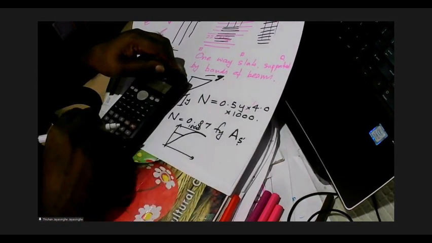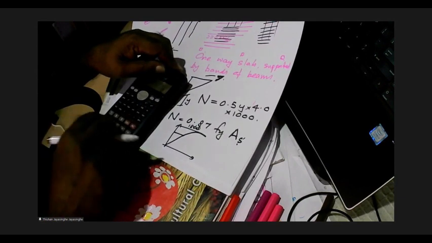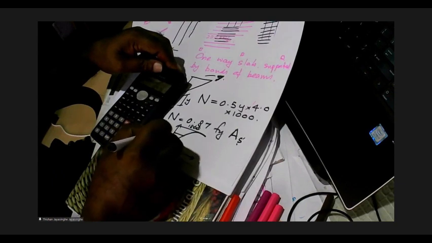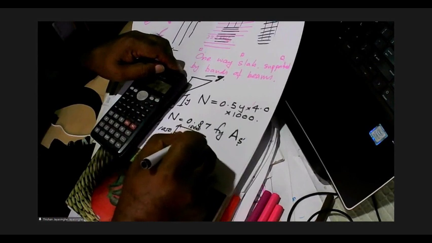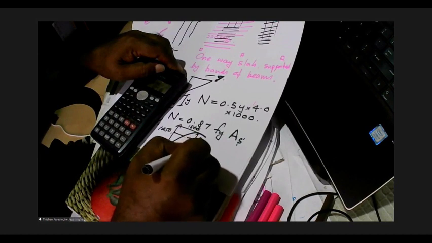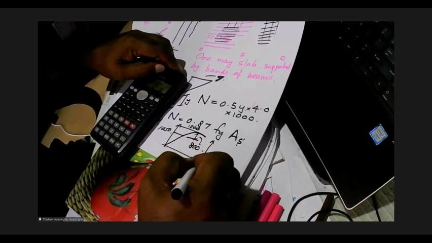Only up to about 1860 multiplied by 0.56, 1050. So what is the margin here? Margin is about 800.